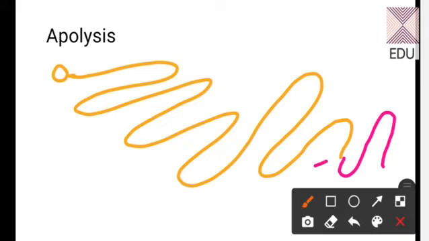Now this length will be cut down in groups. Suppose this is the first group of proglottids. So you must know this, that the end segments will be containing the old proglottids. So apolysis is the breakdown of the old proglottids in groups from the body of the Taenia solium.